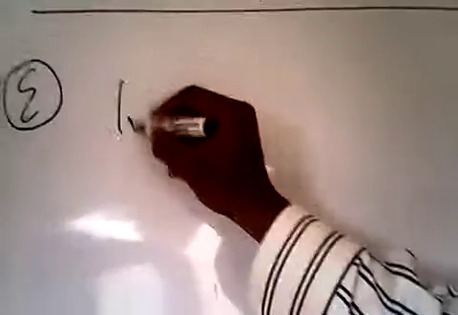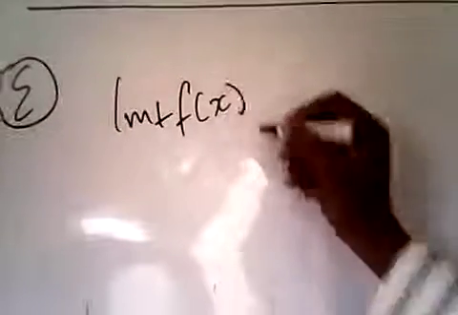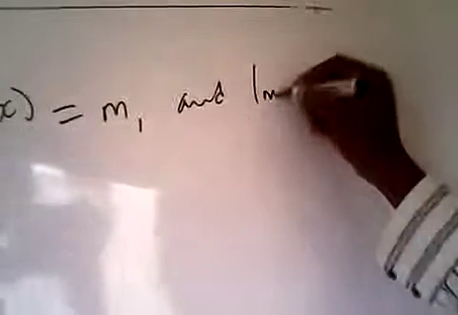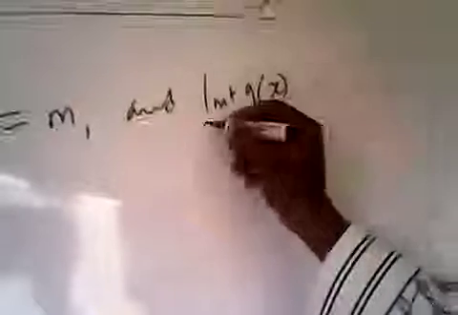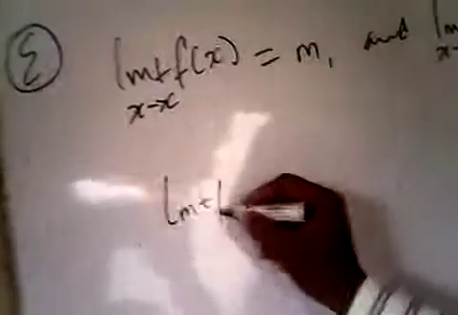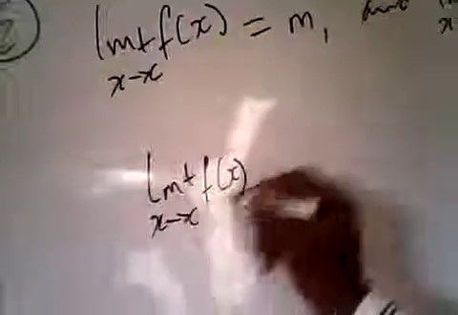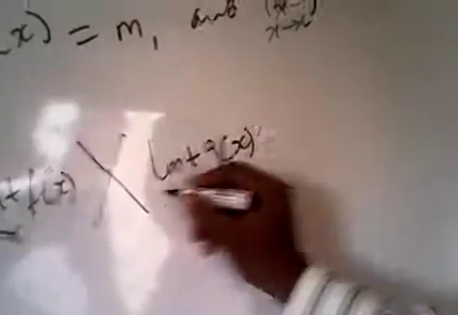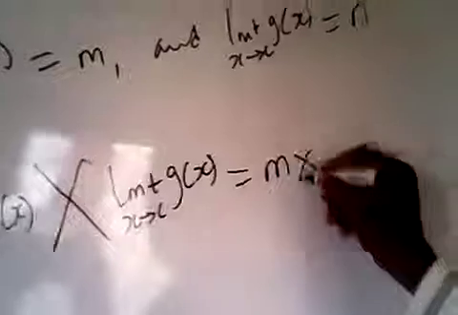If the limit of f of x as x tends to c is equal to m, and we also have the limit of g of x as x tends to the same c equal to n, then the limit of f of x times g of x as x tends to c is equal to m times n.